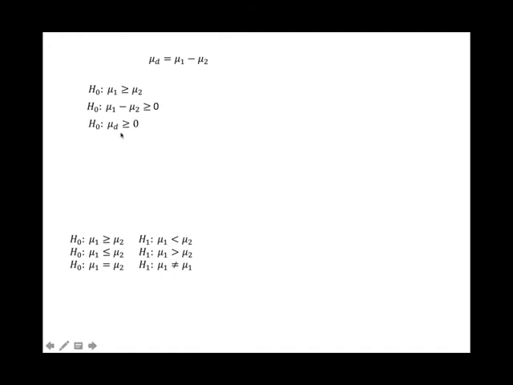Now my null hypothesis becomes this here. We try to avoid writing it the other way so we don't get confused with section 9.2, the two population means with independent samples. In this section, we compare two sets of data that are dependent samples, so we need to find the difference.